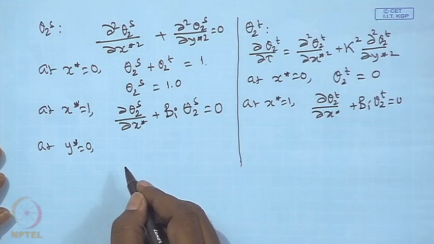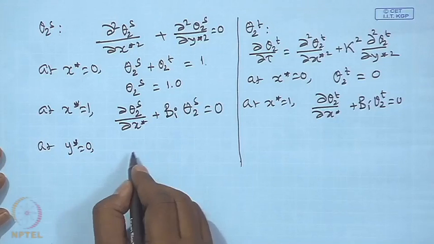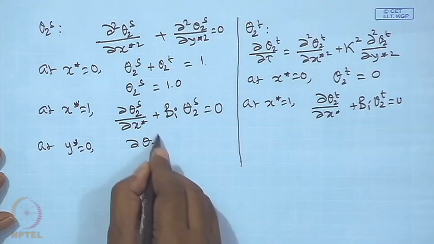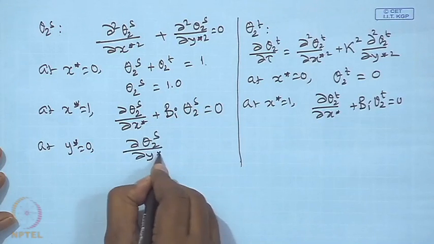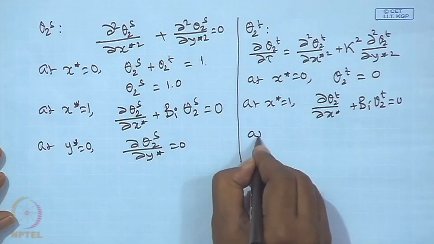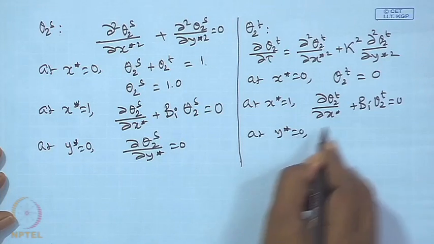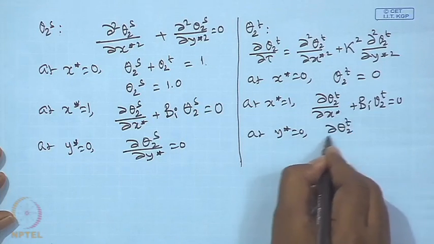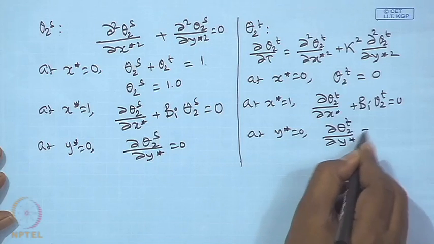So, it is homogeneous. So, no problem. So, this becomes del theta 2 s del y star is equal to 0, and at y star is equal to 0, we have del theta 2 t del y star is equal to 0.